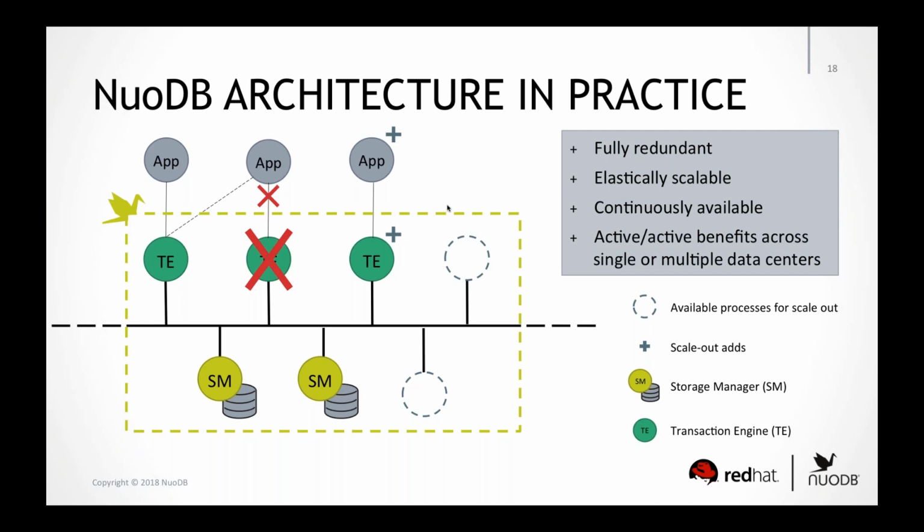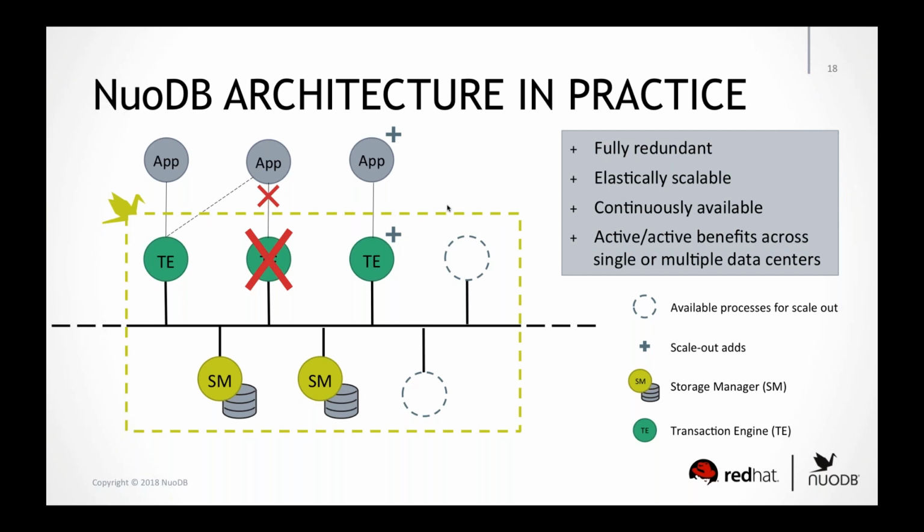So first of all, going back to this notion of redundancy and fault tolerance, it really doesn't matter which server the application connects to. It will always see the same, transactionally consistent view of the database. The individual engines can fail. What happens with the application if the engine to which it connected fails? Well, it's very simple.